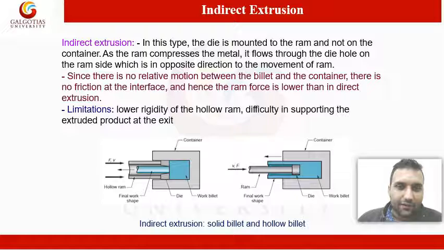Since there is no relative motion between billet and container, there is no friction at the interface. Hence the ram force is lower than in direct extrusion. Limitations are the low rigidity of a hollow ram and difficulty in supporting the extruded product at the exit.